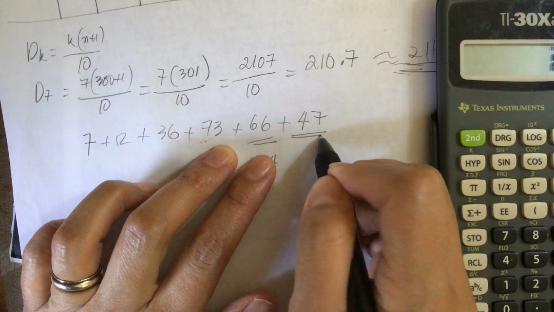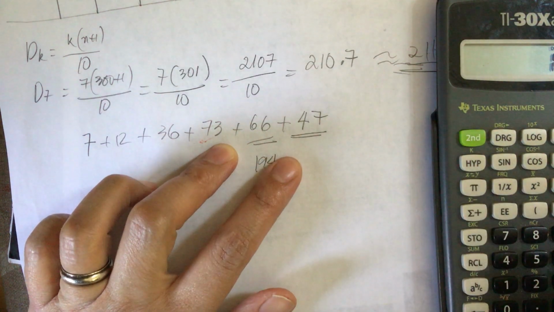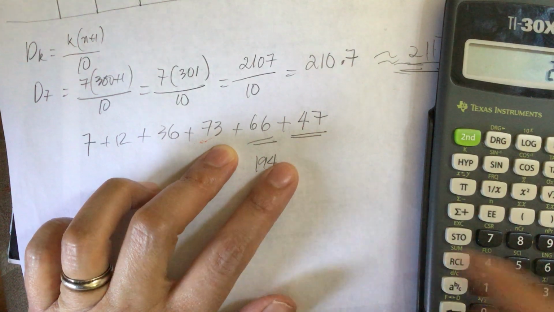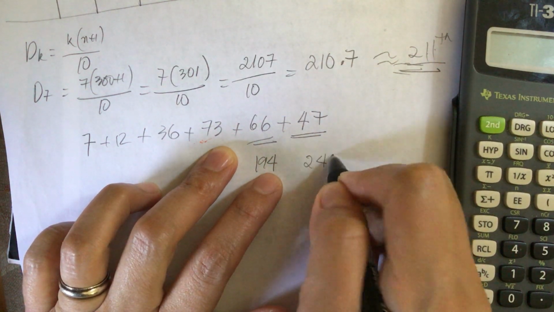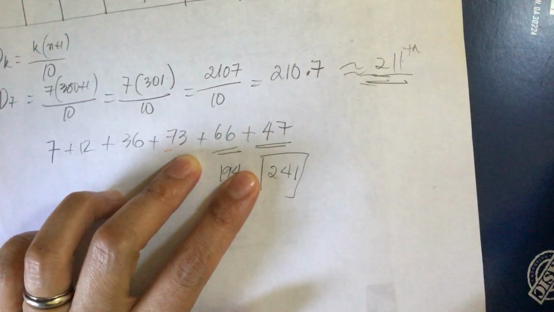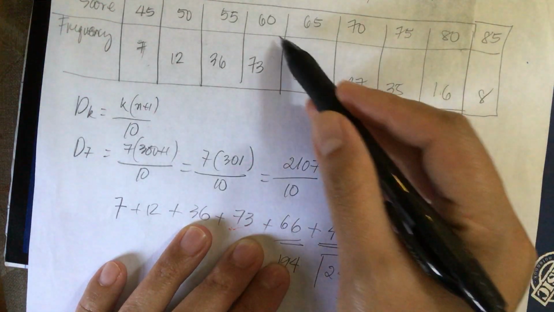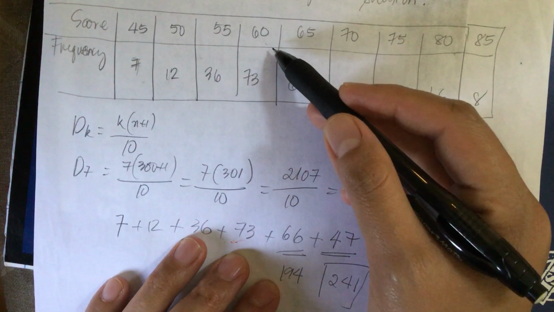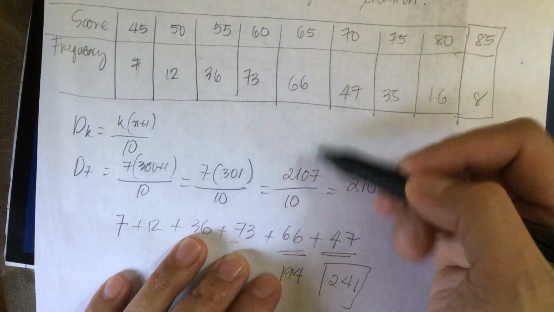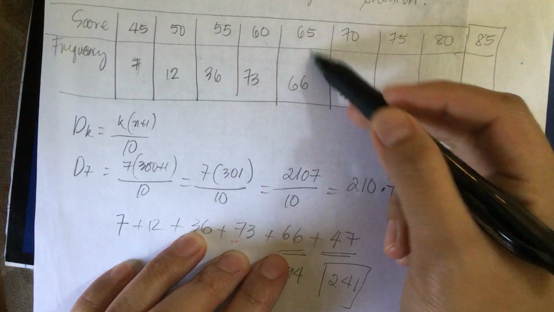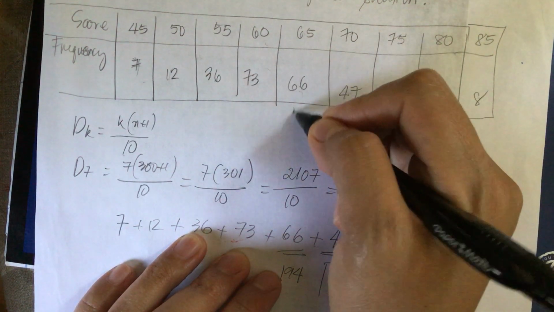So we need to add 47 plus 47, and it's 241. So now we are looking for 211, and if we stop at 65, there are 194.